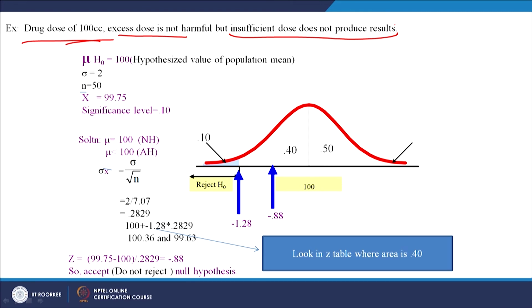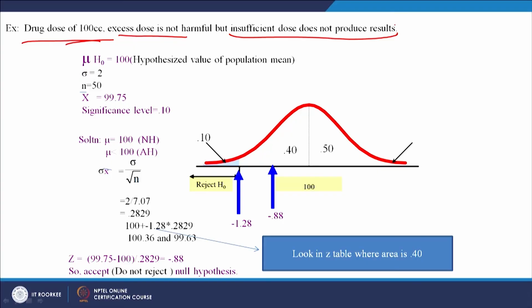So, what kind of null and alternative hypothesis will you frame? We have to ensure that the dose size should not be less than 100.